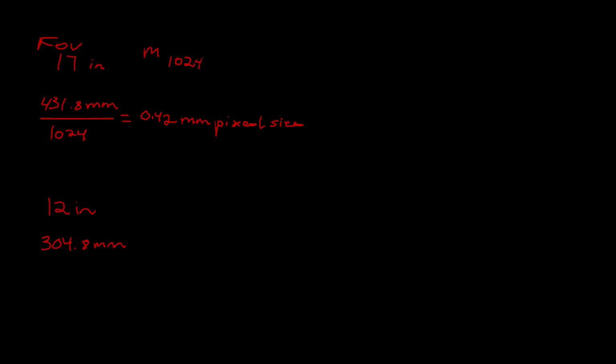And then we need to find out the pixel size. So the matrix size is 1024. Again, we've got our matrix 1024. And so all we're doing here is taking our field of view from 17 inches to 12.